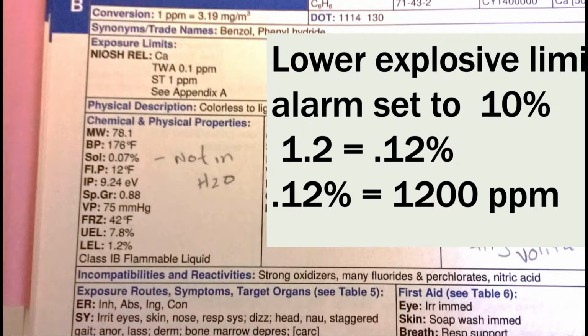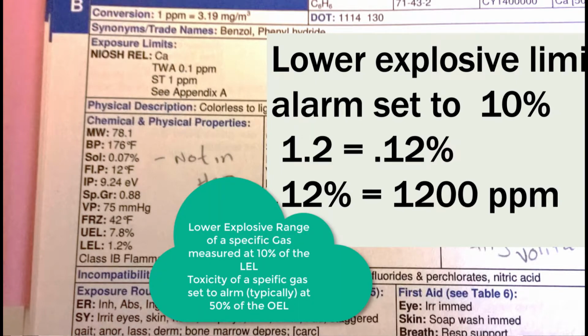So if we were calibrating our meter to benzene, this is the NIOSH Pocket Guide cut sheet for benzene, we would set our alarm to go off at 10% of the lower flammability rating of benzene, which is 1,200 parts per million.